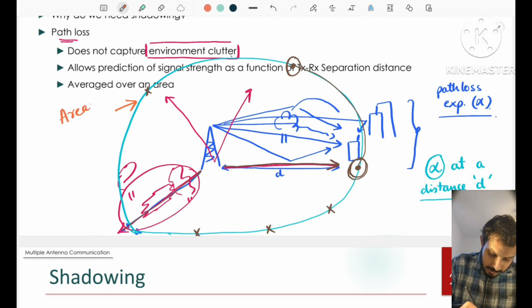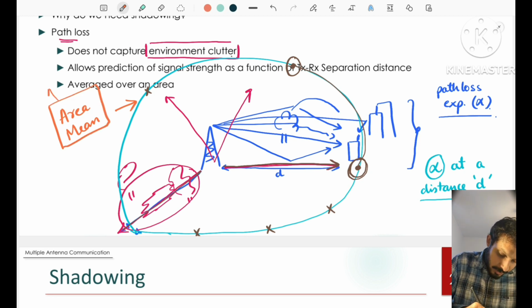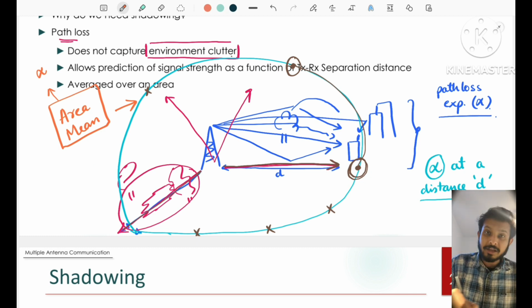Path loss is the area mean that allows us to use a single value of path loss exponent over the whole area, irrespective of the different operating environments in different directions.